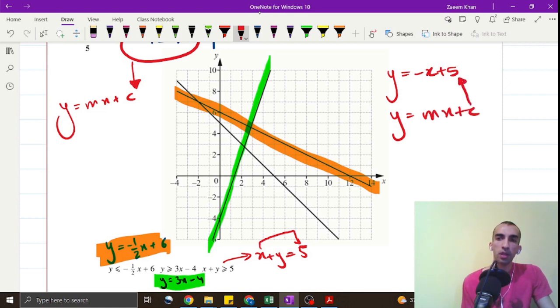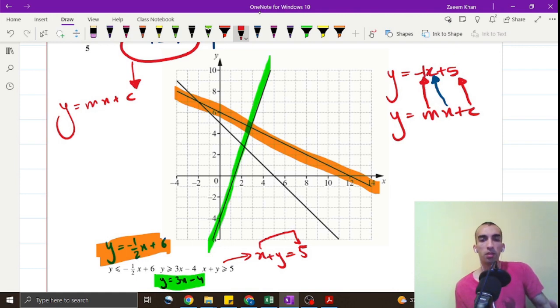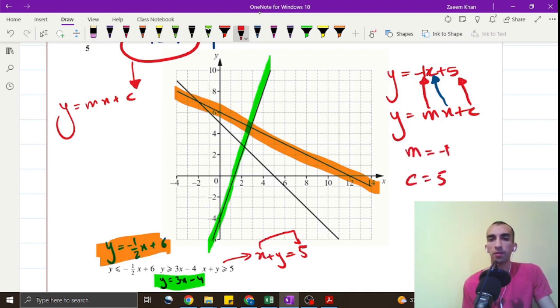The value of c is 5, the value of m is... no, x is over there as it is. -1. Whenever you do not have a number right next to the x, remember it's always 1. Since the negative was with the x, that's going to get stuck with the 1. So m is equal to -1 and c is 5.